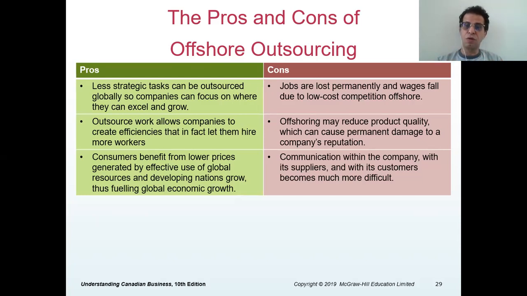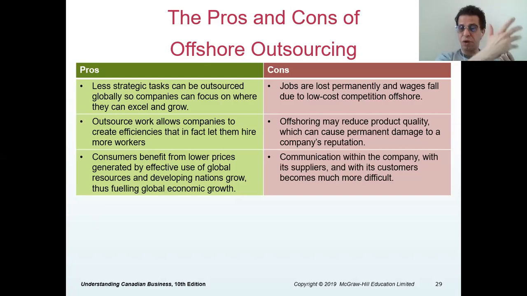The cons of offshore outsourcing are that jobs could be lost permanently, and when there is less job supply, wages fall, you know that. Offshoring may also reduce product quality because you're producing in other countries with less knowledge.